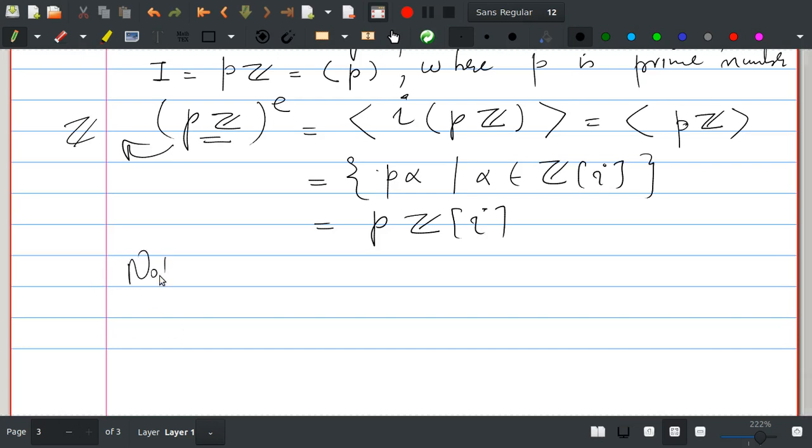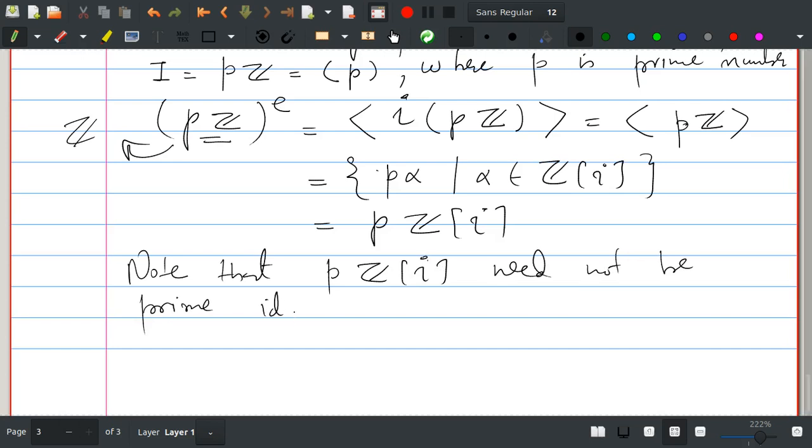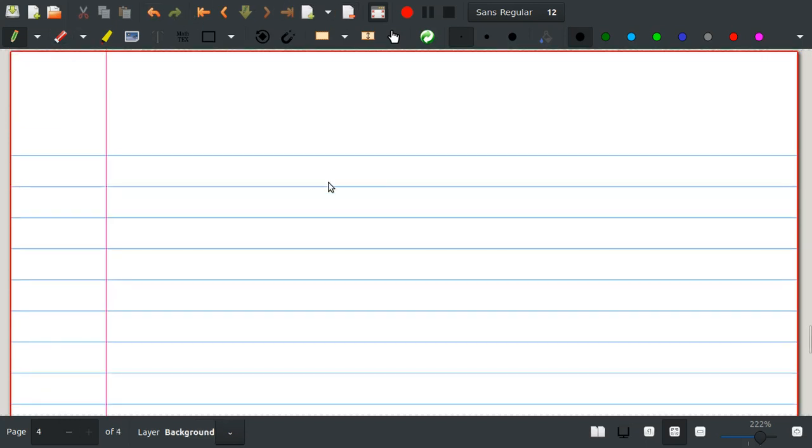So note that pZ[i] need not be a prime ideal in the ring of Gaussian integers. For example, if p is 2, then we have, so let p be equal to 2.